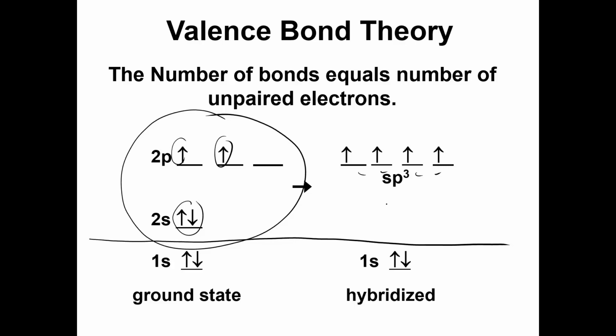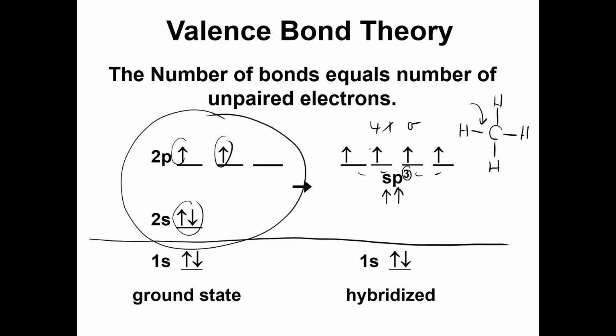Its designation just means it took the s orbital and all 3 p orbitals to make this happen. Now you can make 4 sigma bonds, which is exactly what we have for methane here, right? We know when we draw the Lewis structure, so valence bond theory supports the Lewis structure. It explains it with orbital diagrams here. So here are your 4 sigma bonds.